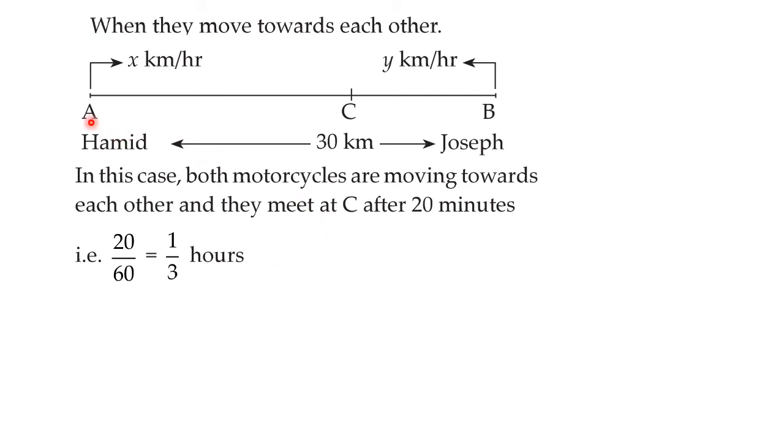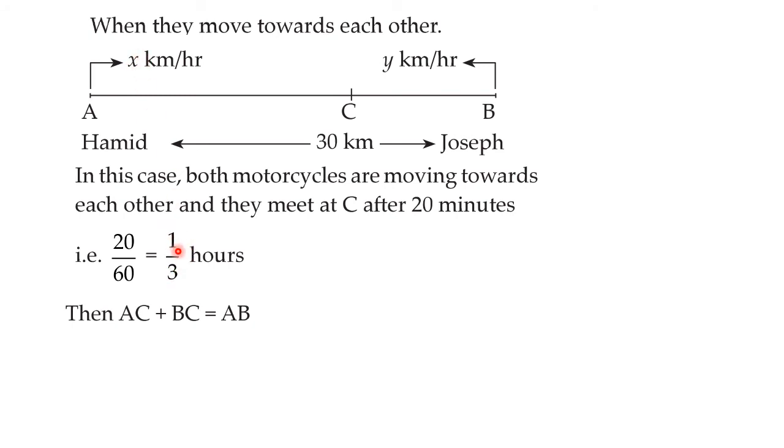So here what we can write down is AC plus BC is equal to AB, and that is 30 kilometers. AC plus BC is equal to AB. That means the distance travelled by Hamid plus the distance travelled by Joseph is equal to 30, that means AB. Okay, so what is AC now here? See, the speed is x and time is 1 upon 3.